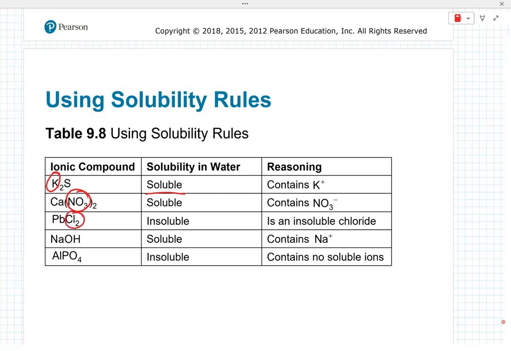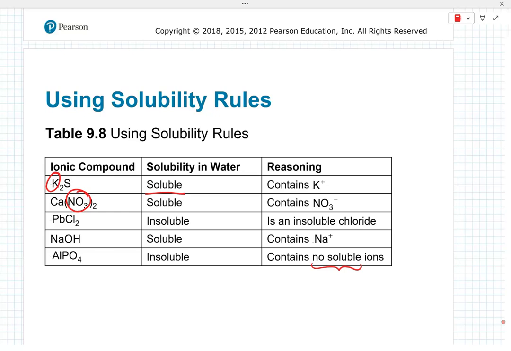Chlorides are generally soluble, but not lead 2 chloride, because it's lead, silver, and mercury 1. Okay? Sodium hydroxide, sodium. Aluminum phosphate. So I don't like this statement.